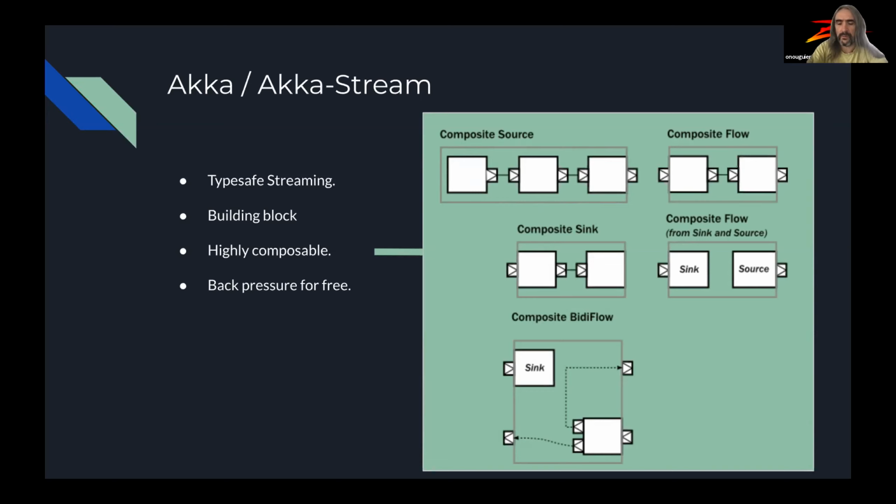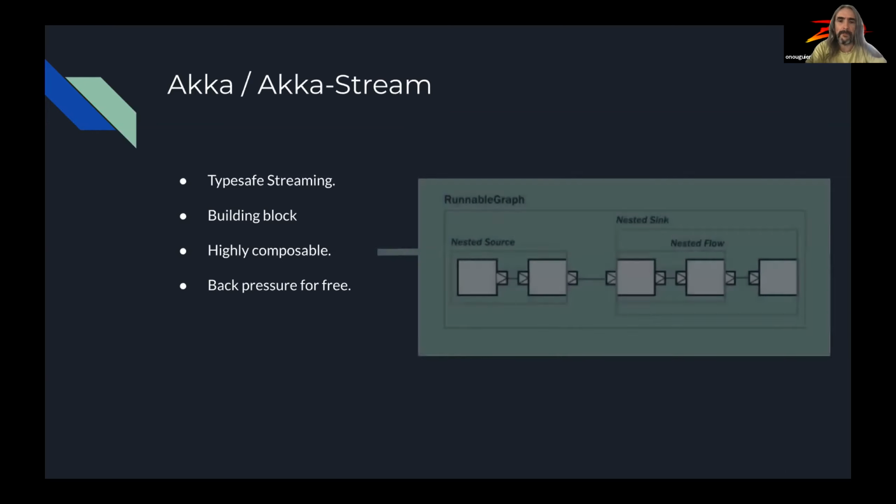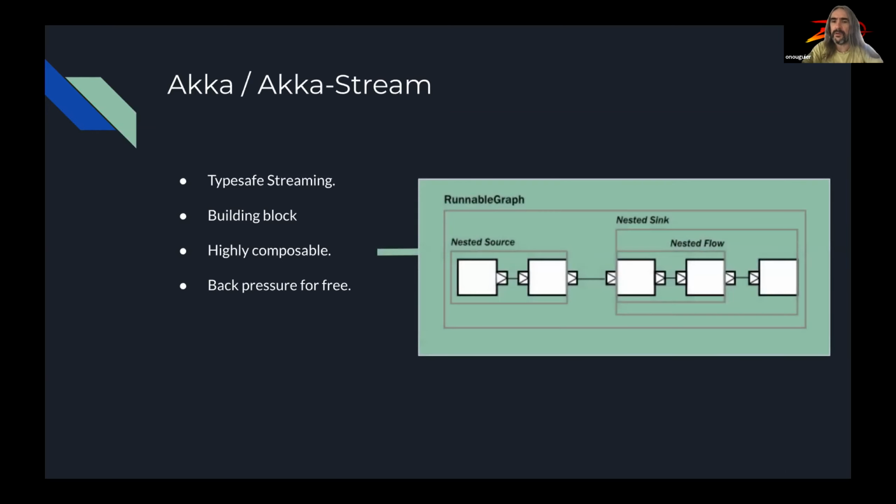You see, it's quite simple to use. And when I say highly composable, you can also compose the compositions, of course, and this is recursive and has no real limit. In the end, you have to provide a runnable graph, which is a closed shape, which has a source and an end.